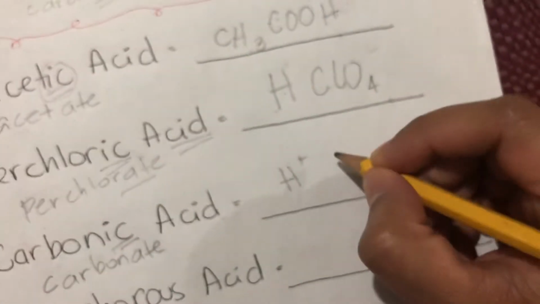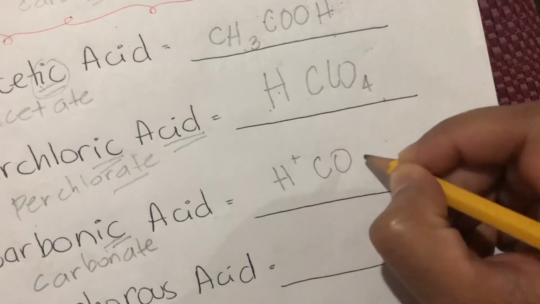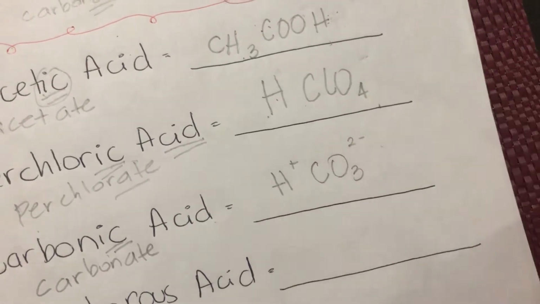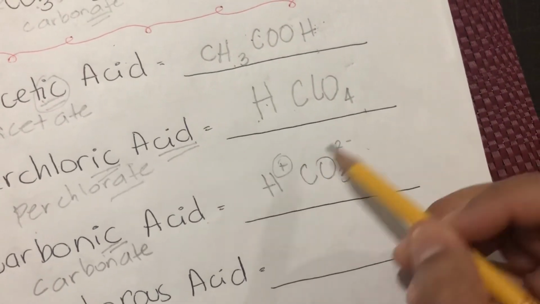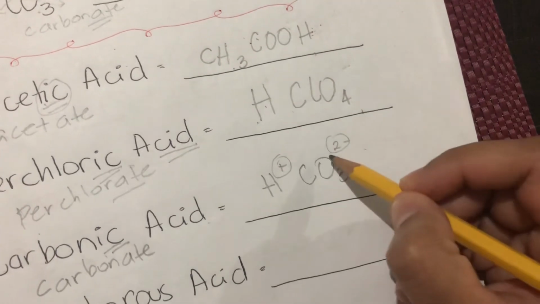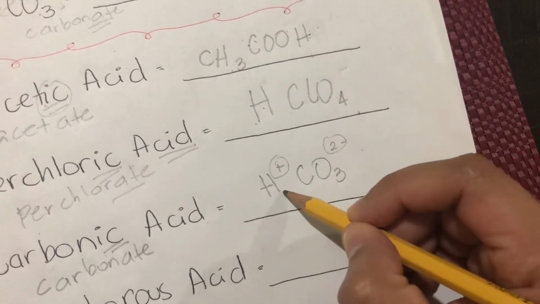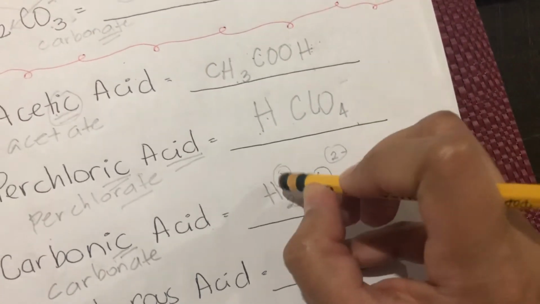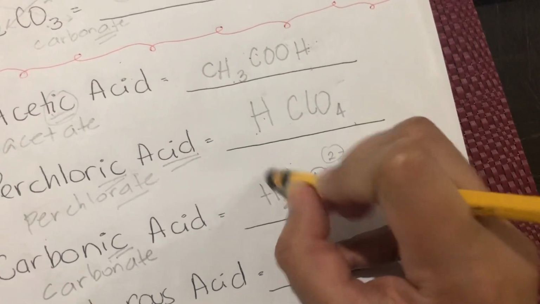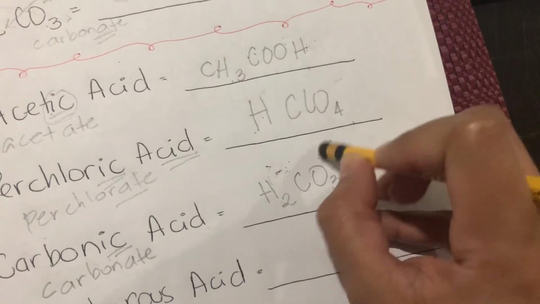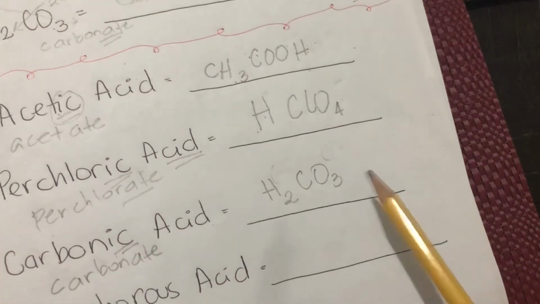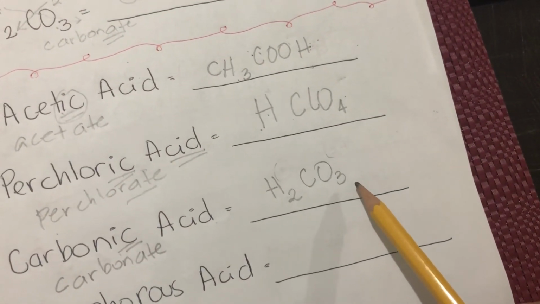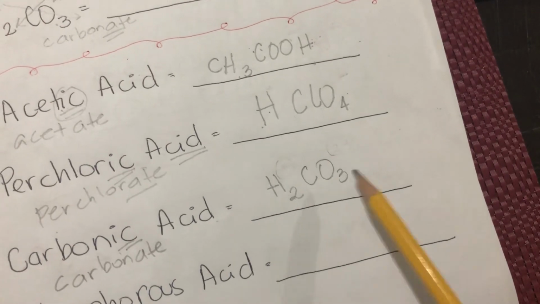So I write down CO3 2 minus. I can tell that the charges are not balanced. That's the reason I need to bring down a subscript, because I need 2 hydrogens for my chemical formula to be balanced, and my charges always need to equal 0. I don't need a subscript for carbonate, so my formula is H2CO3.